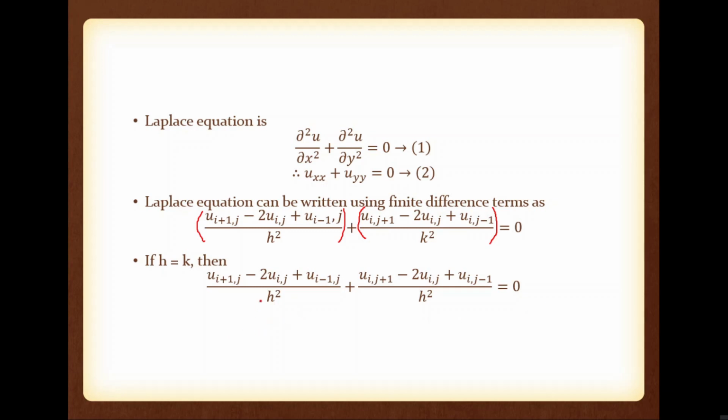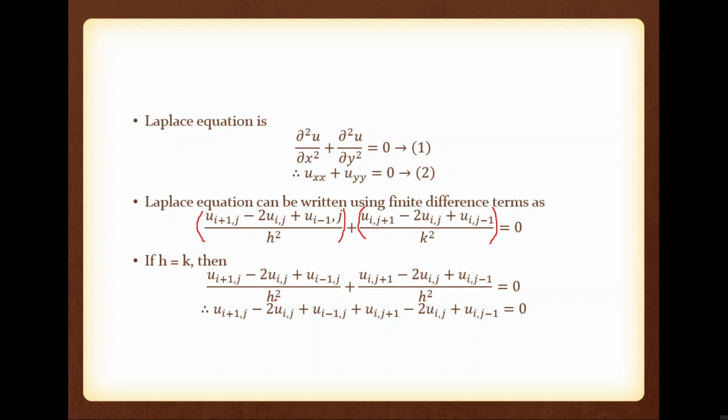So we can remove this h square easily. So we can write it as u(i plus 1, j) minus 2 u(i, j) plus u(i minus 1, j) plus u(i, j plus 1) minus 2 u(i, j) plus u(i, j minus 1) equal to 0. Now we need to write this equation.